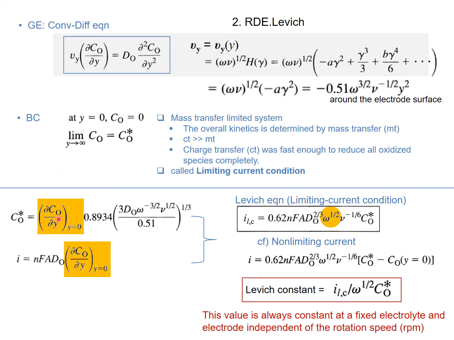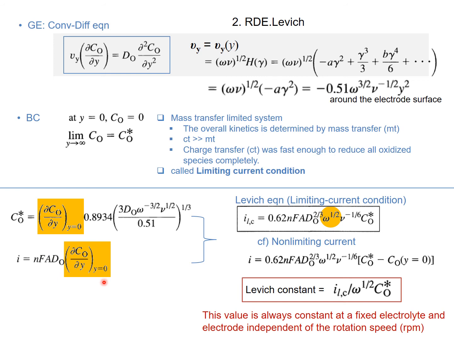Then, here is the result. The result includes C_O star, that is a constant value, equal to the first derivative of concentration at the surface with some parameter term. By Fick's first law, current is defined by nFA, diffusivity, times the surface gradient of concentration of the oxidized species.